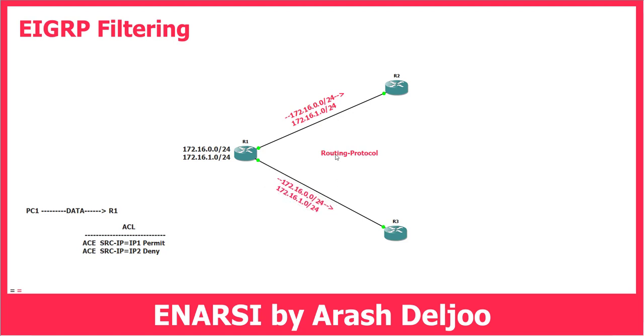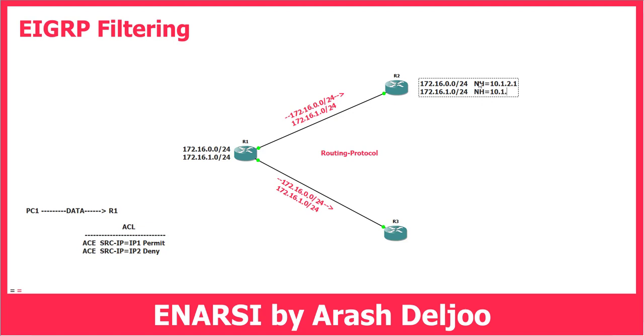Because of that, after this advertisement, in the routing table of router 2, for reaching 172.16.0.0/24 and also 172.16.10.0/24, you should use the next hop of router 1. Assume that the IP address of router 1 is 10.1.1.1. This is the next hop. So easy.